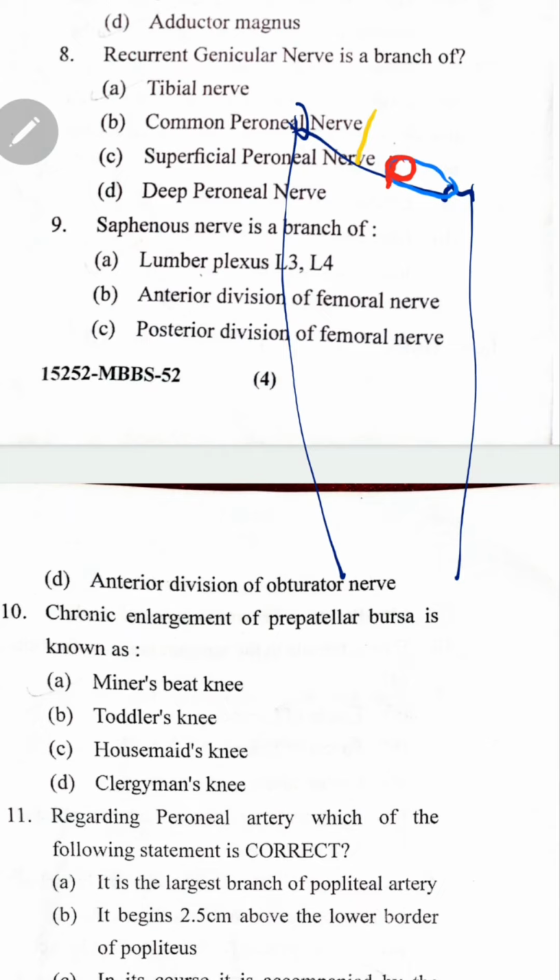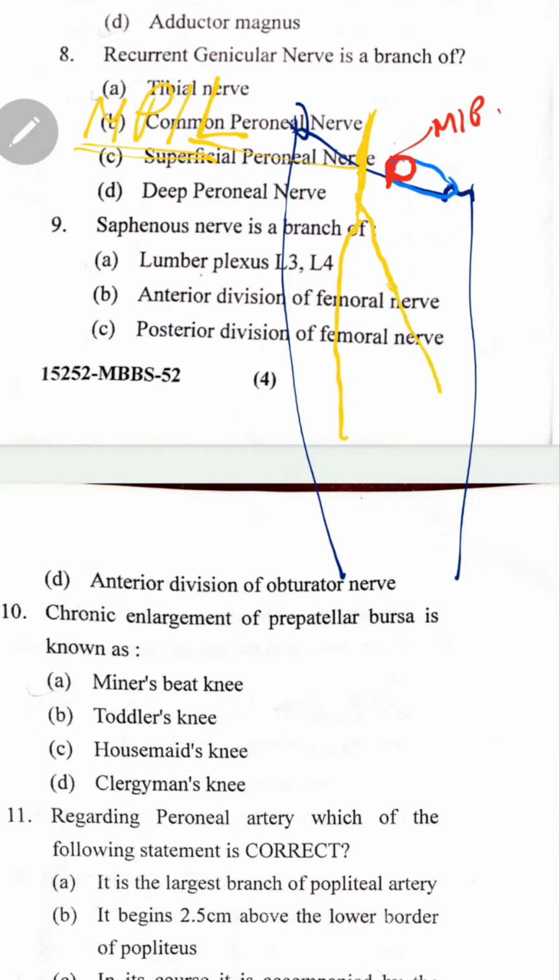It is passing below the mid-inguinal point, where this femoral artery descends down. Now they are talking about the femoral nerve. The femoral nerve passes below this point, and this point is called the midpoint of the inguinal ligament. It soon divides into a superficial and a deep branch. The superficial branch will give what nerves?